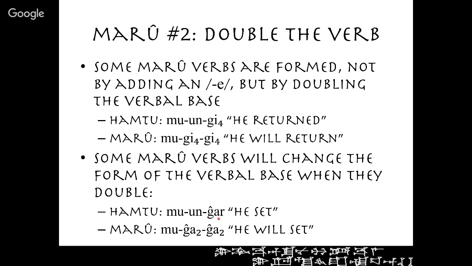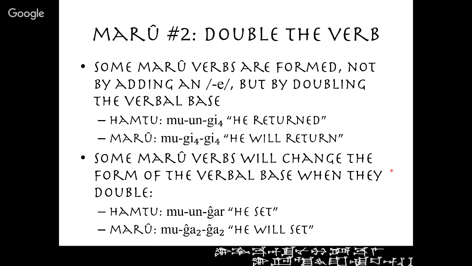So if this were what they call Hamtu reduplication or free reduplication, this would be mu'un nyar nyar as opposed to nyatu nyatu. So if you saw mu'un nyar nyar, you would know that's Hamtu reduplication. If you saw mu nyatu nyatu, you would know it's Marû. It had to be because the verbal base changed for the Marû. Okay, that's probably a little more than you need to know at the moment, but I want you to be just generally aware of that.